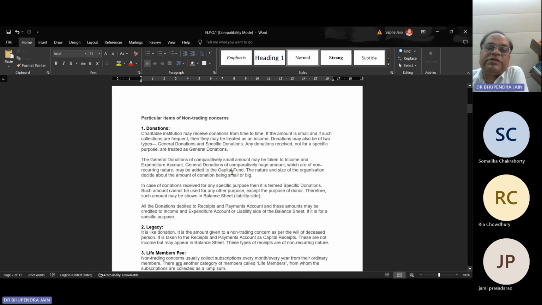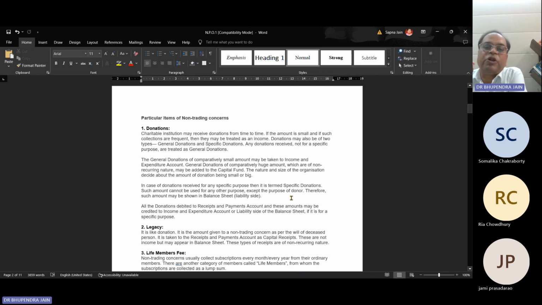Clear? Generally, a donation that is a comparatively huge amount of non-recurring nature may be called a capital fund. The nature and the size of the organization decide whether the amount of donation is small or big. Clear? In case of a donation received for a specific purpose, it is termed a specific donation, and such amount cannot be used for any other purpose except the purpose of the donor.